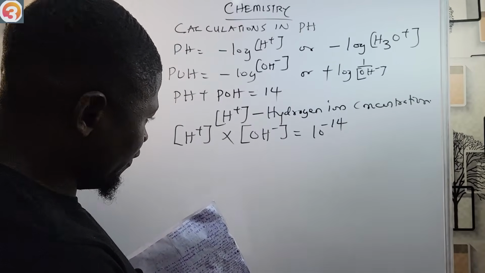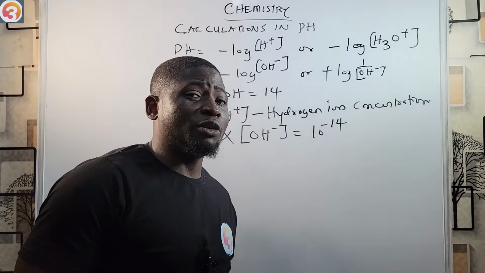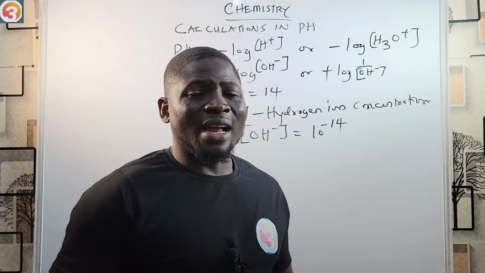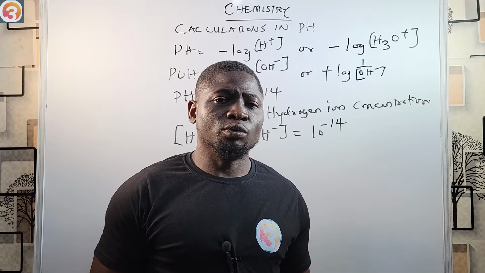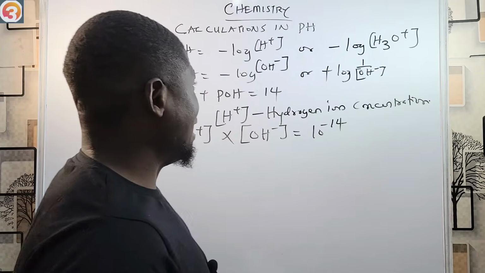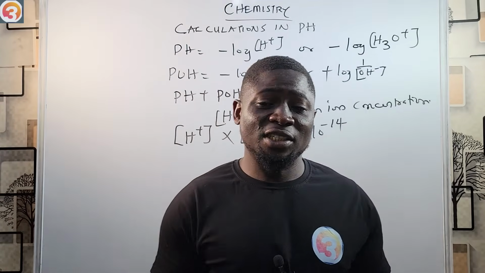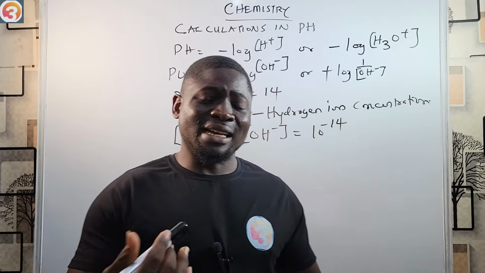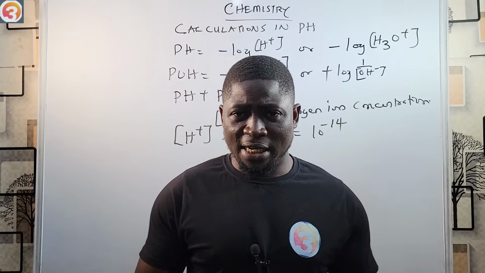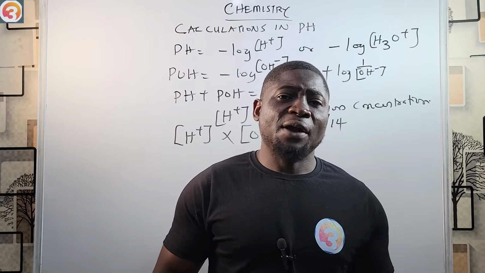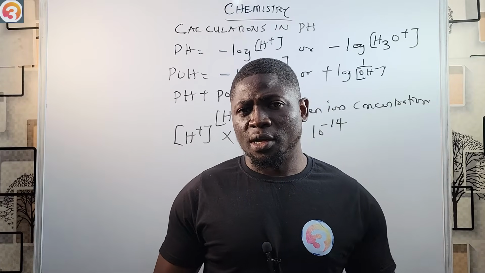This is also valid. Now, these formulas are going to be very useful while solving questions that have to do with pH. So I expect that you know these formulas handy, because you have to know them to be able to apply them. You have to understand and solve a lot of questions with them to be able to know how to apply them in situations.